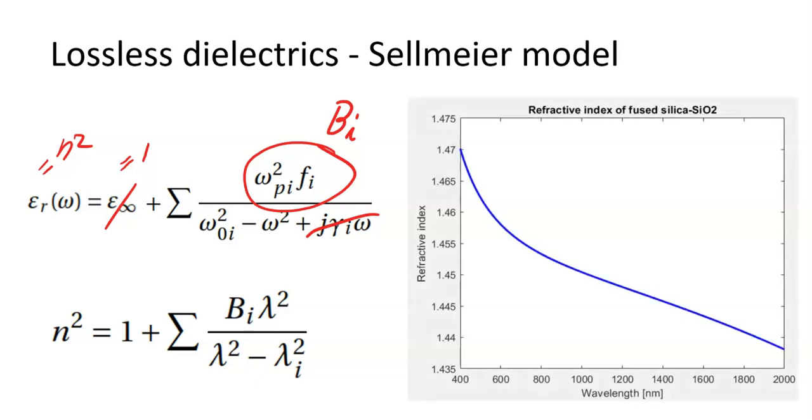The most famous example is refractive index of fused silica. Its refractive index follows Sellmeier equation well from near UV to infrared. It is especially suitable in the telecom range around 1550 nanometers for predicting dispersion of optical fibers.